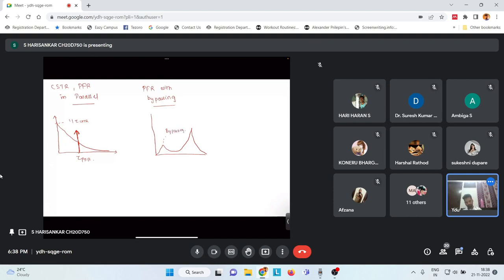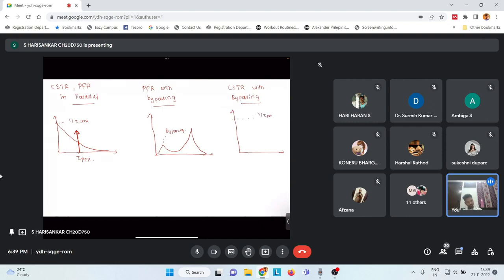And you can have another case, a CSTR with bypassing. Let us say this is your 1 by tau m or tau CSTR.